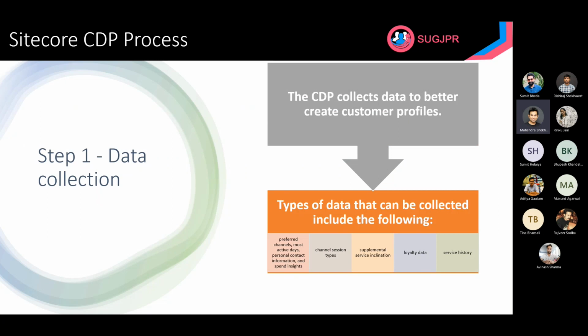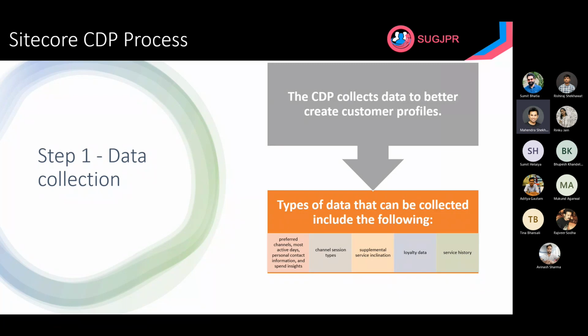Data collection is basically collecting data to create a customer profile. There could be multiple types of data that Sitecore CDP collects. It could be preferred channel data. What is the preferred channel of your customer? It could be a website, it could be a mobile app.